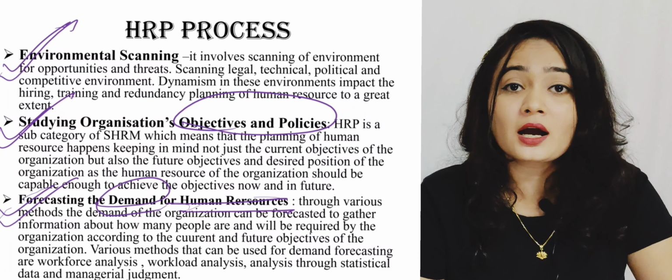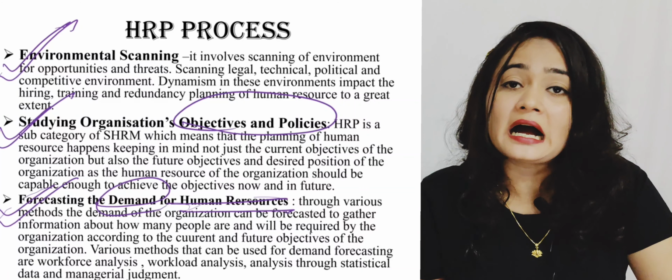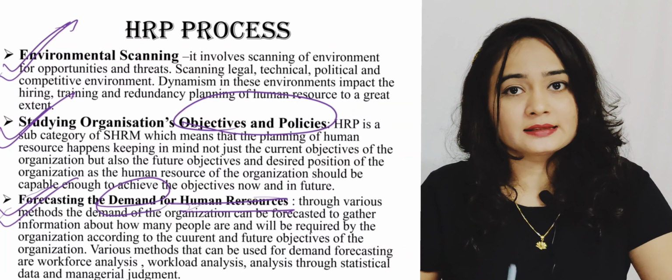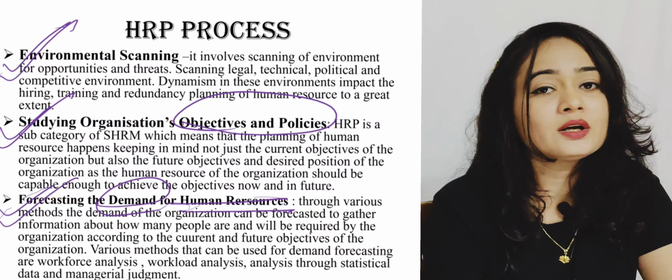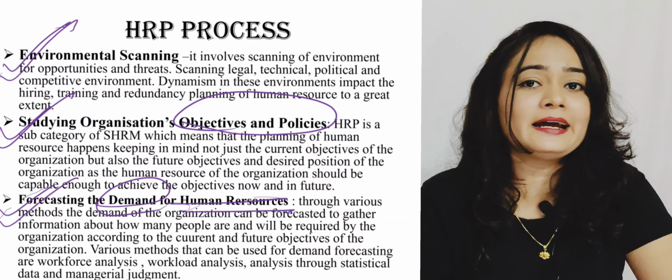We have to forecast. In future, what number and what kind of people will be required by the organization to reach a future goal? We have to forecast that in advance.